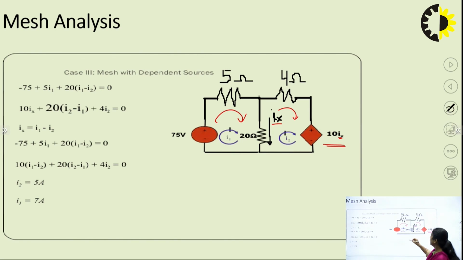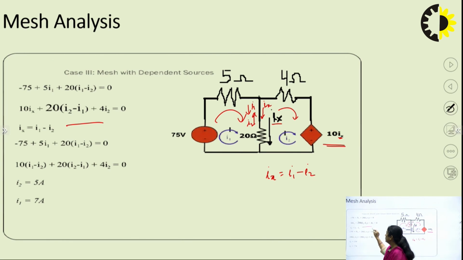See here, Ix is in this direction. I1 is in this direction through this branch and I2 is in this direction. Now correlate these things. What is the value of Ix? Ix is I1 minus I2 by simple observation.